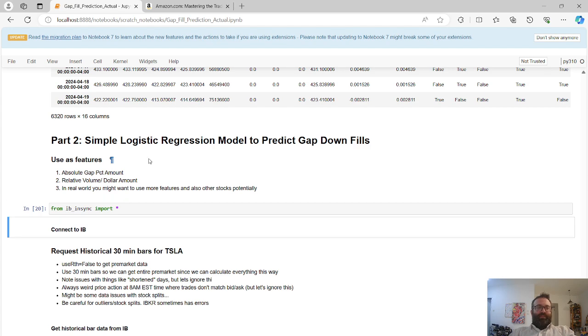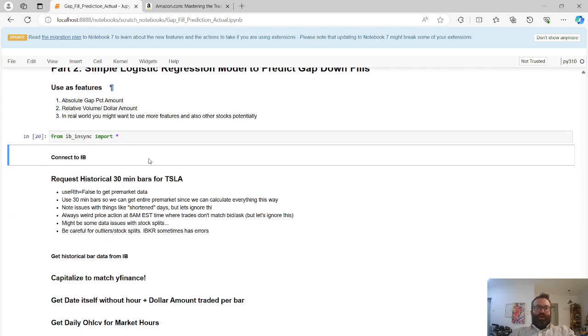So we need Interactive Brokers because we want 30-minute pre-market data. The reason I'm using 30 minutes is because, I don't know, in general, 9:30 to 4 p.m. in 30-minute intervals covers everything, and it's not too much data.